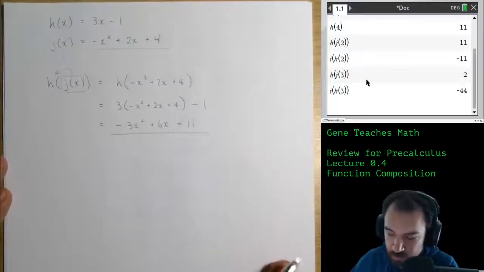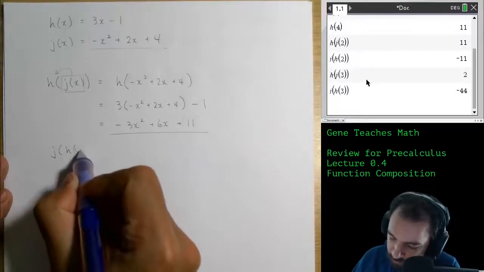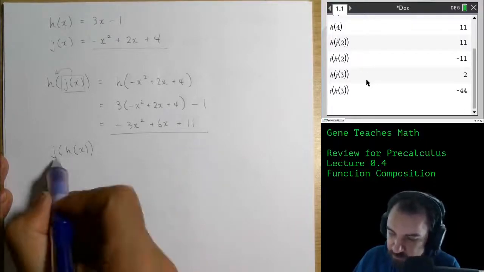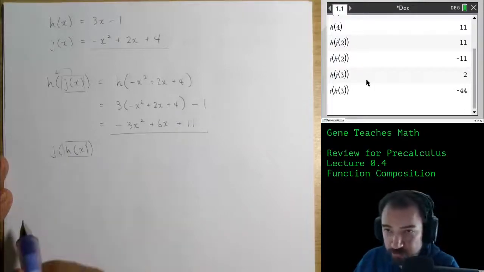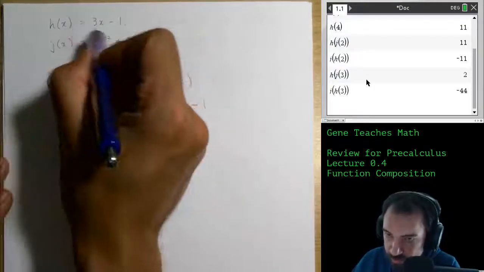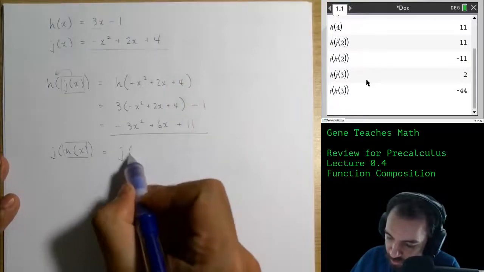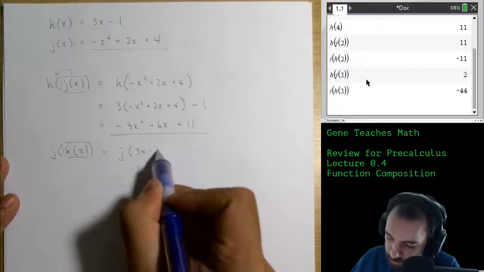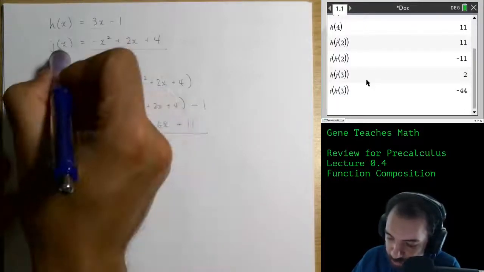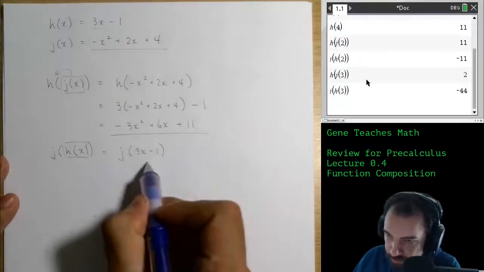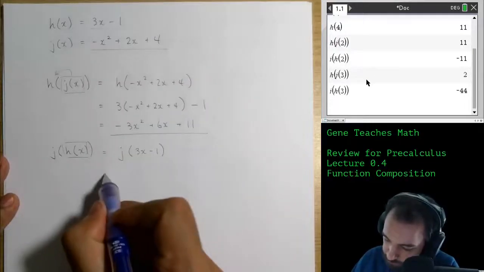Now, just to be interesting, why don't we do the reverse order and find a function rule for j of h of x. So the interior function, this is an expression 3x minus 1. So I would say this is j of 3x minus 1. So 3x minus 1, the entire expression will become the input for j. So I'm going to take this expression, replace x, replace x, replace x.